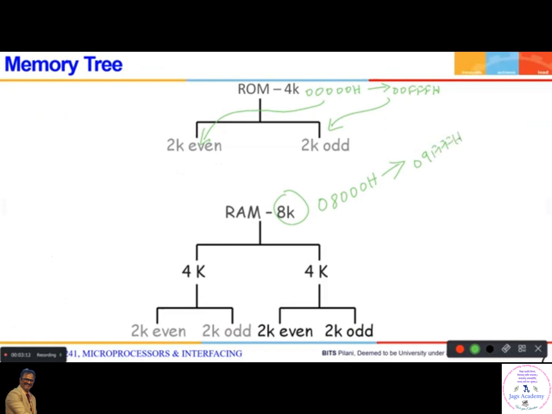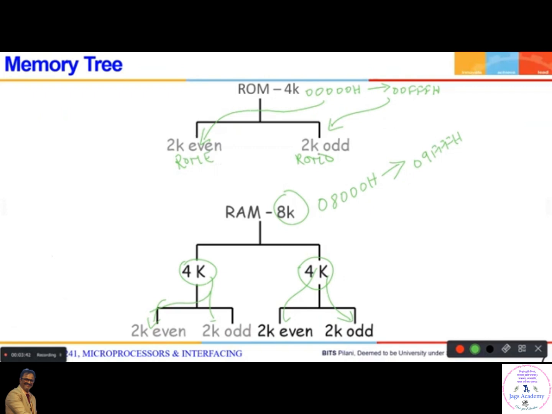09FFH. Okay. Now, once again, what is available? What is available is a 2K chip, right? So in the memory tree, once again divide it into 2 4K blocks. These 2 4K blocks are once again divided into even and odd. So this will be ROM even, this will be ROM odd.